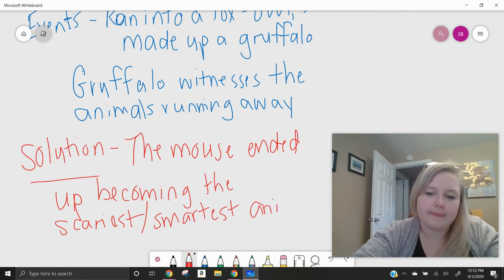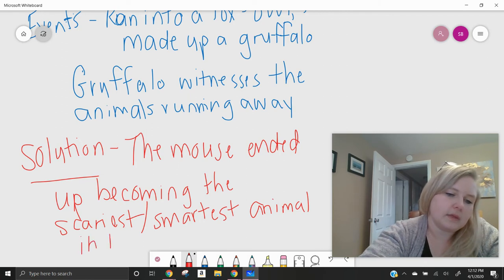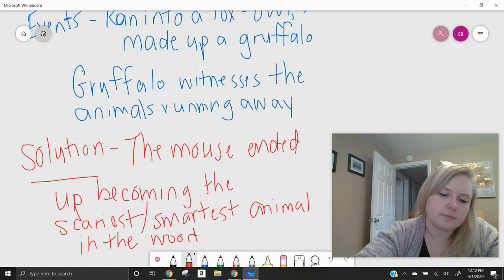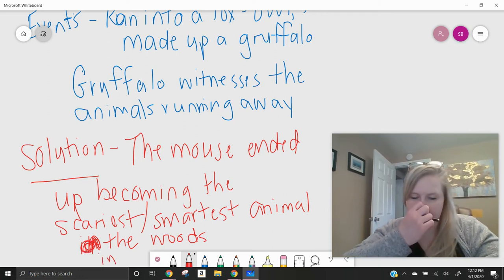Animal in the woods. This is an N, guys, not an H. You know what? I'm just going to rewrite it in, okay, the woods. Here we go. All right.